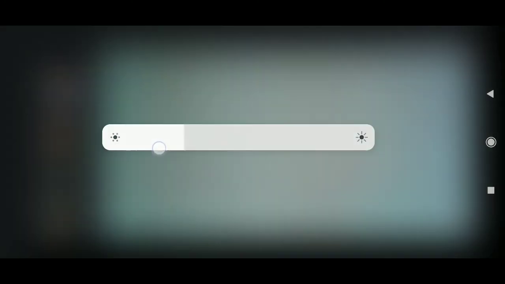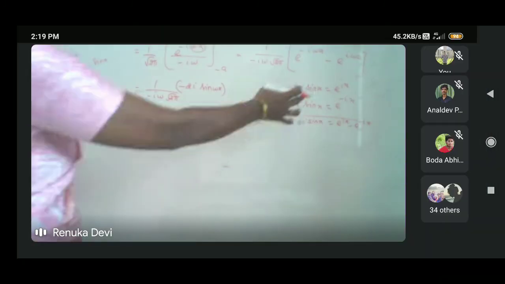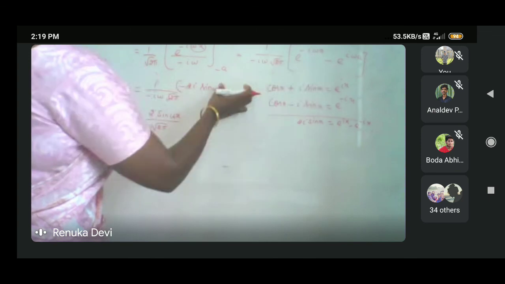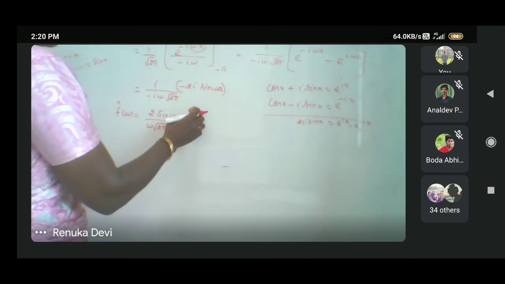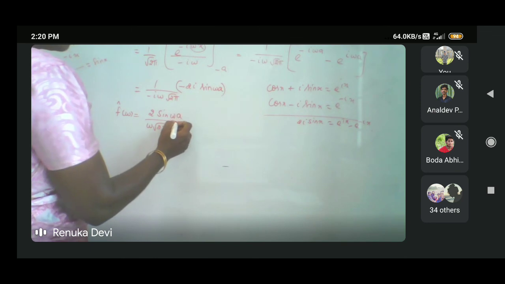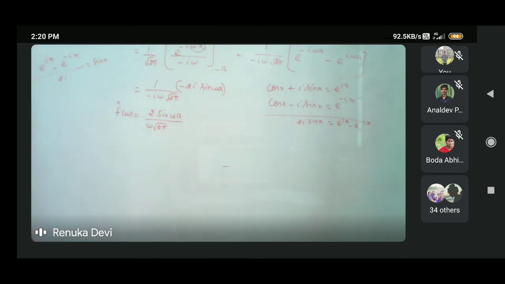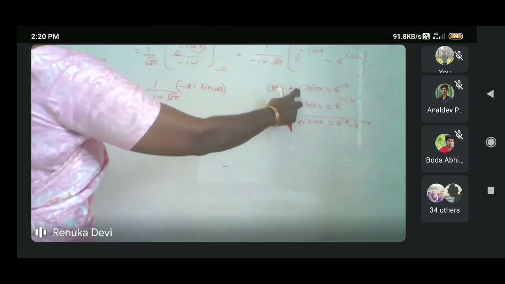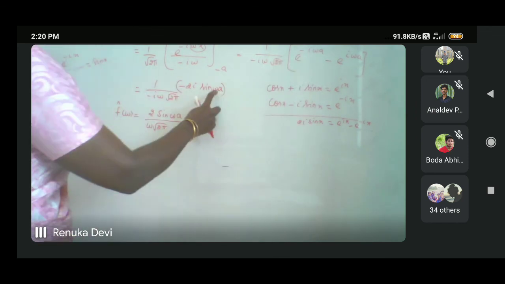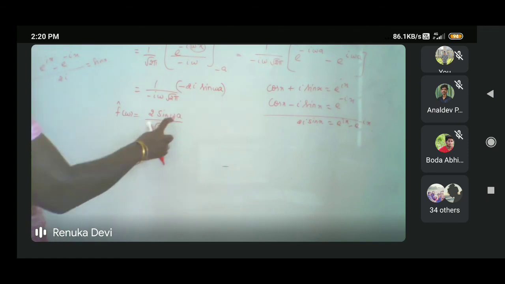So here only we have to check. So this is a, okay? Be careful. Instead of x we are having wa. So instead of x we have to replace wa, not x.